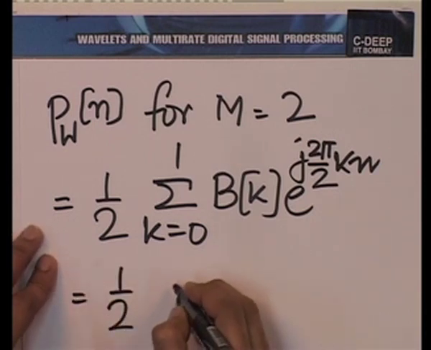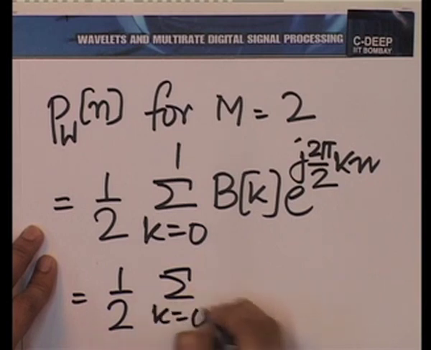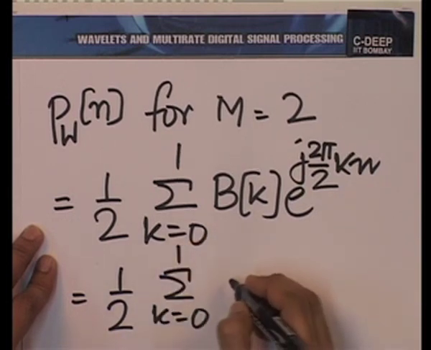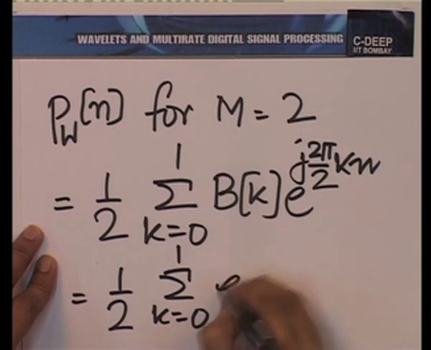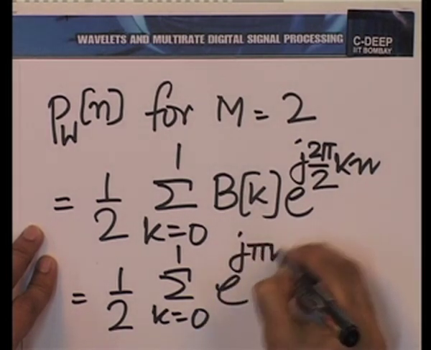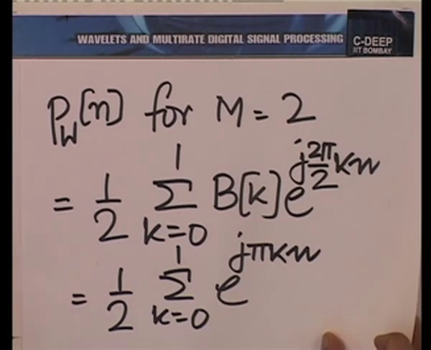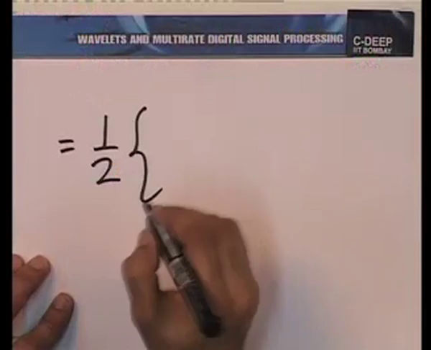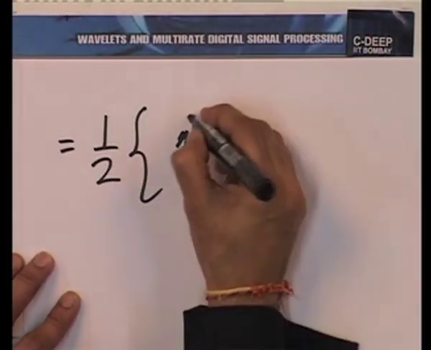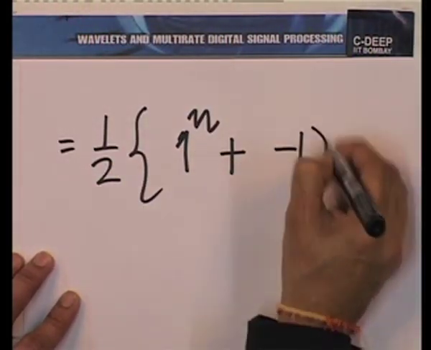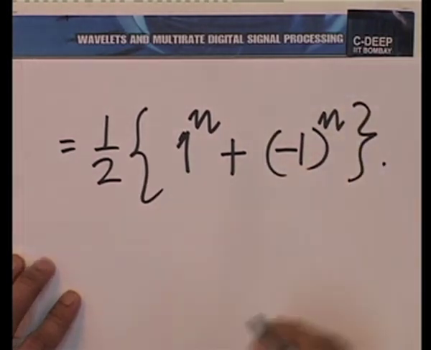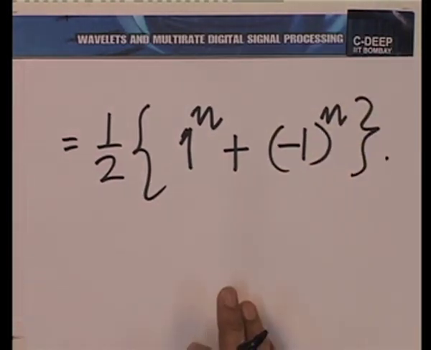That is half summation k going from 0 to 1 of e raised to the power j 2 pi by 2, which is j pi k n. So, in fact, let us expand it explicitly. So, that is half. With k equal to 0, it is 1 raised to the power of n plus minus 1 raised to the power of n. And now we are well set. In fact, we are almost there.